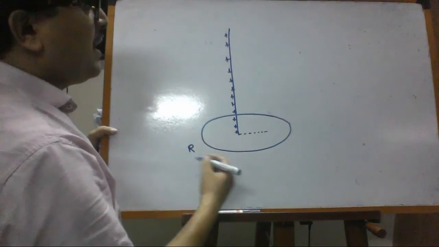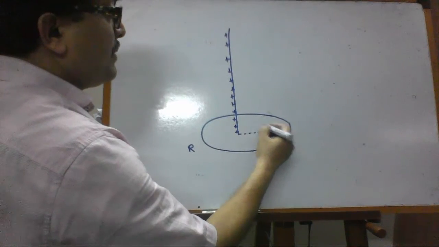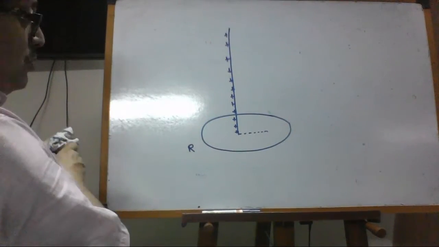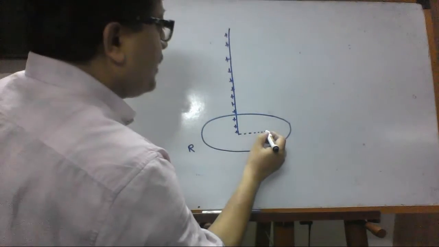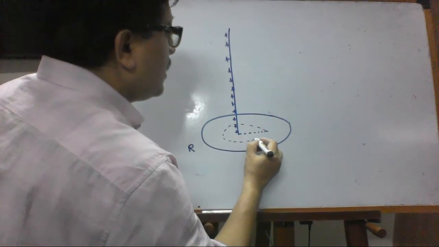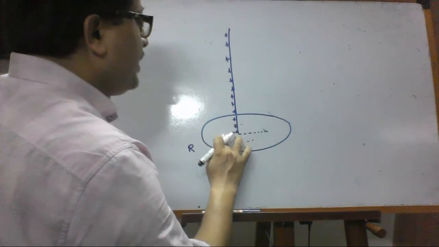To find the flux through it, we have taken an elementary area through this point.